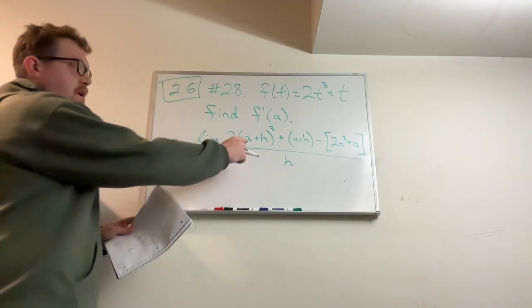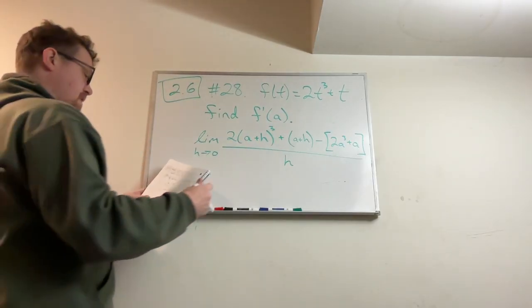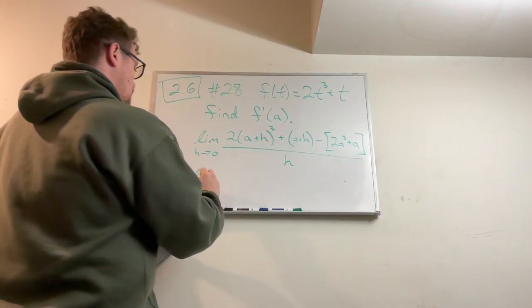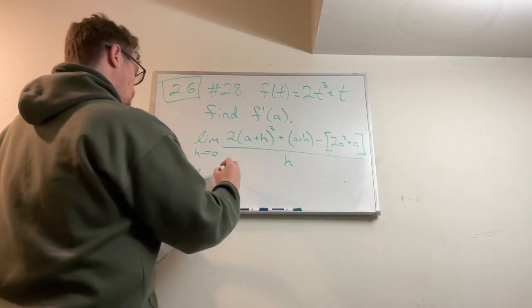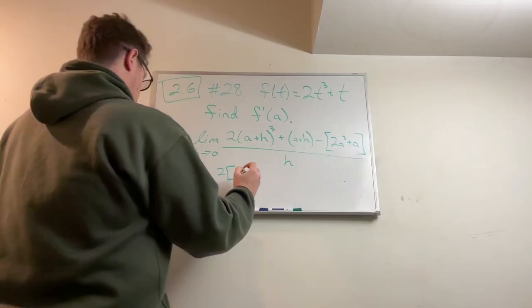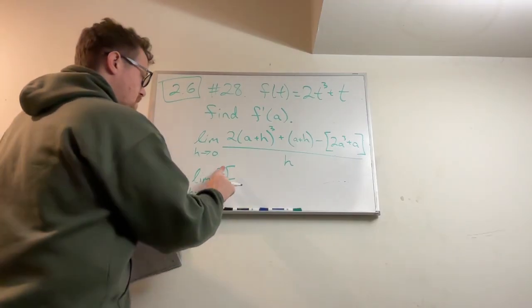But yeah, so a plus h cubed simplifies into, so this is a limit as h goes to 0, 2 times, I'm just going to distribute the 2.